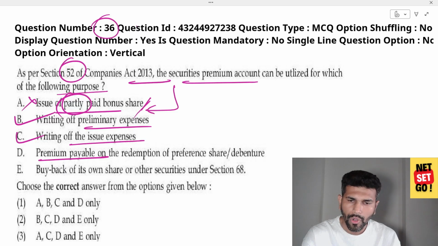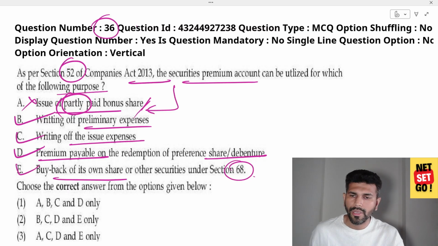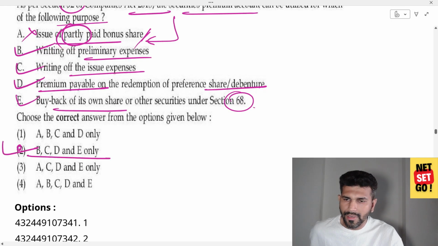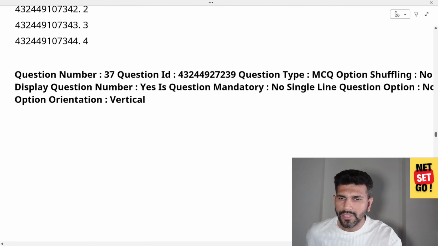Premium paid on redemption of preference shares or redemption of debentures? Correct. Buyback of its own shares or other securities under section 68? Yes. Securities premium can be used for that purpose also. So B, C, D, E is the correct sequence. Correct answer, option 2. Next, question number 37.